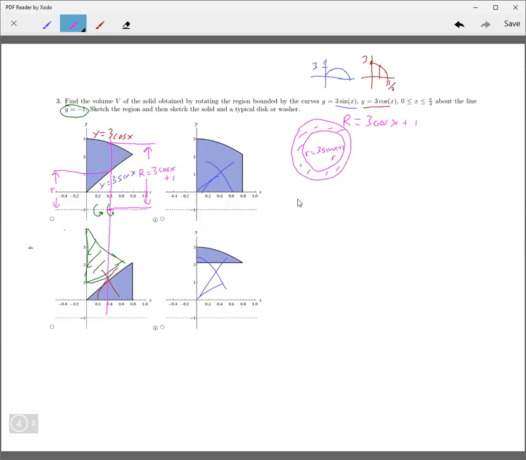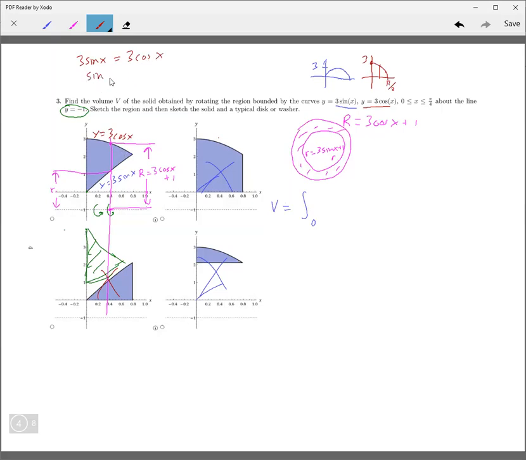Okay, so that means the volume is going to be an integral. We'll go from 0 up to, where do these intersect? Figure out where they intersect. To figure out where things intersect, you set them equal to each other.